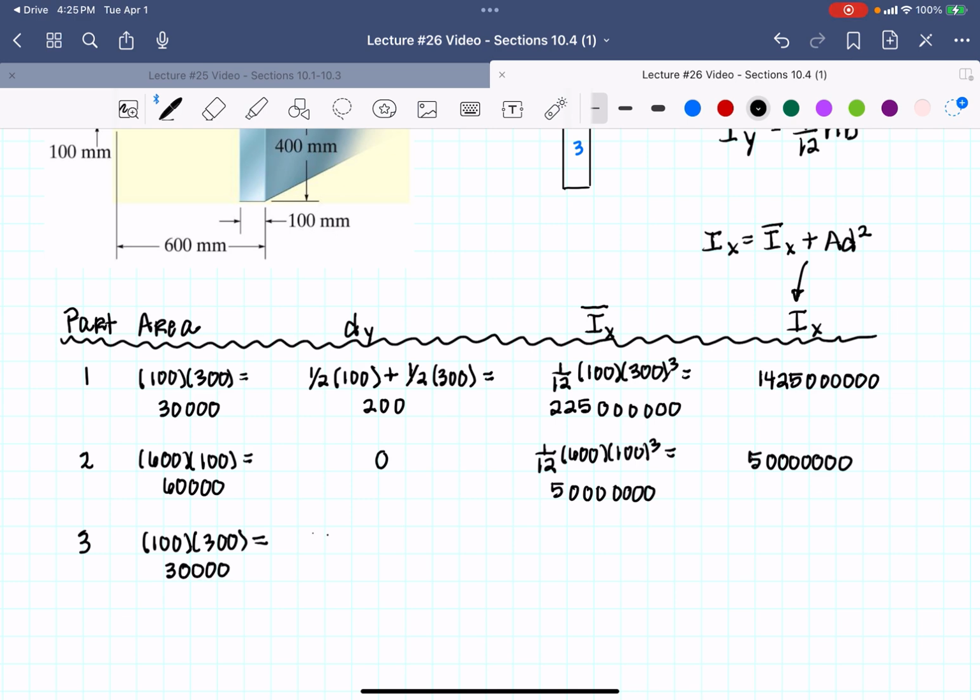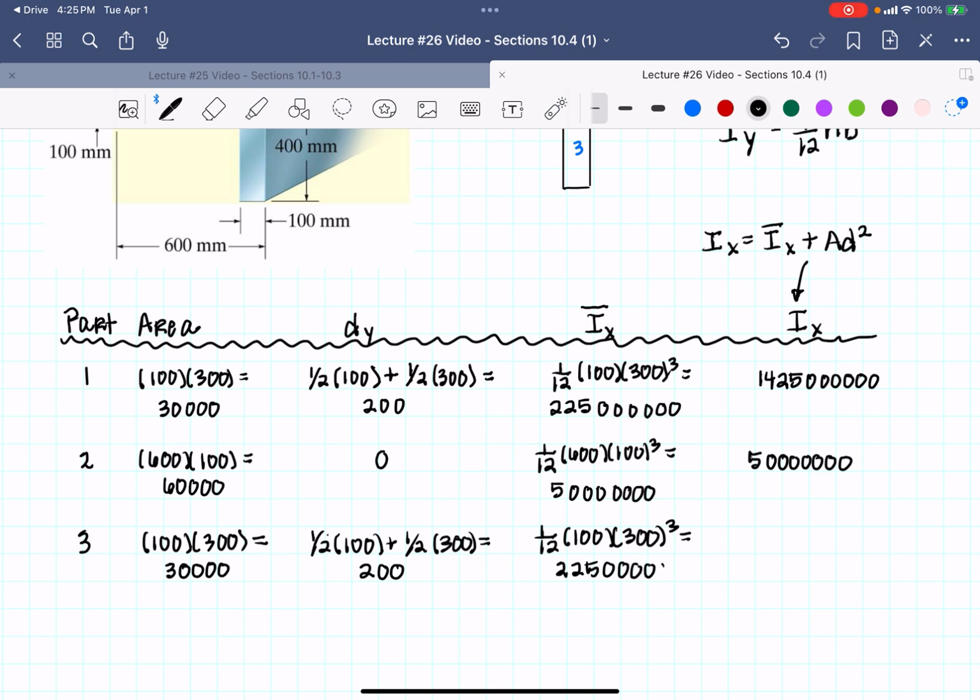It's going to have exactly the same distance, it's just in the opposite direction, but it is still that far away from the x-axis perpendicular distance. And then this is going to be 1/12 times 100 times 300 cubed, which equals 225 with 6 zeros.